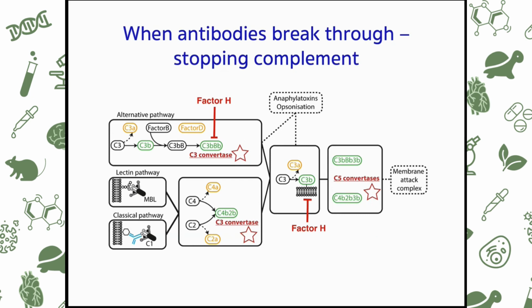It recruits all sorts of stuff from our immune system, which are going to kill that pathogen and destroy it and annihilate it. There are three ways in which that C3 molecule can get recruited, and you can see one of them is through antibodies. Antibodies can recruit a series of things which cause C3 to be deposited on the pathogen surface.